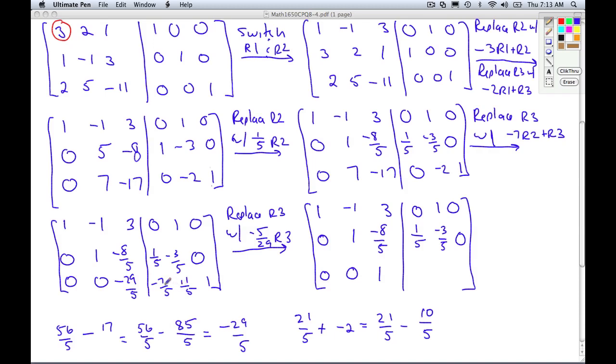Multiplying by -5 over 29 gives me -7 over 29. This gives me -11 over 29. And this gives me -5 over 29.